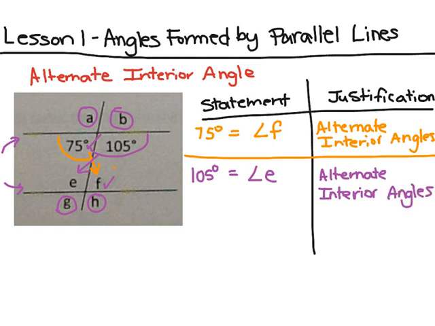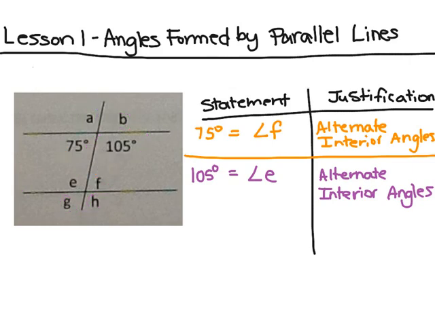And that's all our interior angles. If we were to label this diagram with all the degrees we know written in, F would be 75 degrees and E would be 105 degrees.